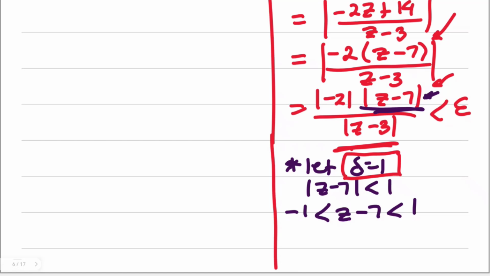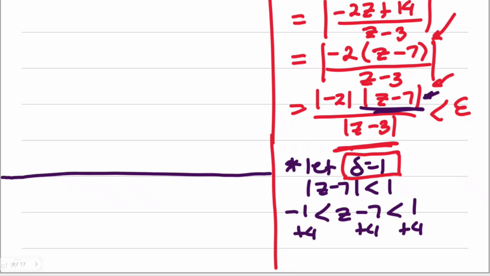Okay, what's next here is actually, we would like to make this z minus 3, because that's what we lack here for our representation. So we add 4, and add 4. Let me use this portion here, because this might not be enough. So we have here z minus 3 now is less than 5, and greater than 3. But take note, our z minus 3 is in the denominator.